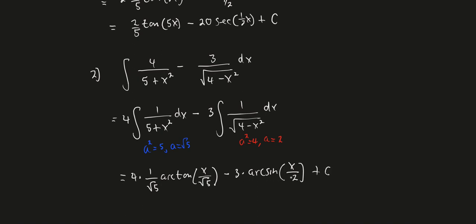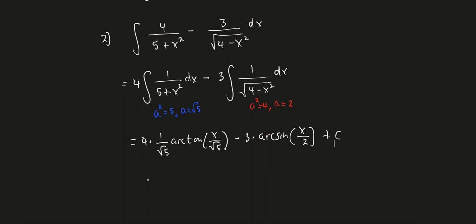And there's not much we can do to simplify this. Really, the only thing we could do, if you wanted to do anything, was to write the 4 times 1 over root 5. First, you could rationalize and write this as a single fraction. So when it's rationalized, it becomes 4 root 5 over 5 times arctangent.